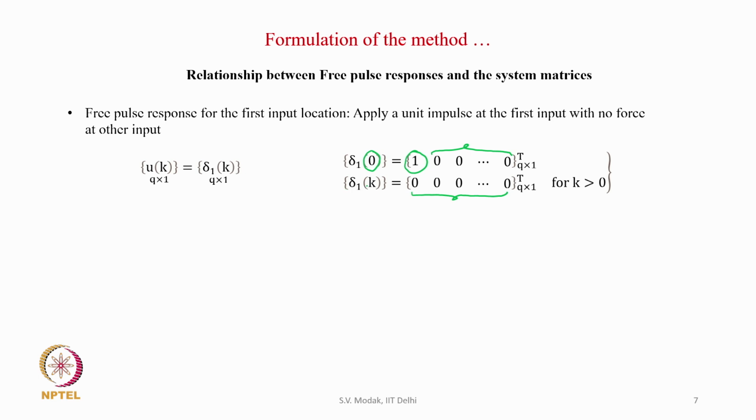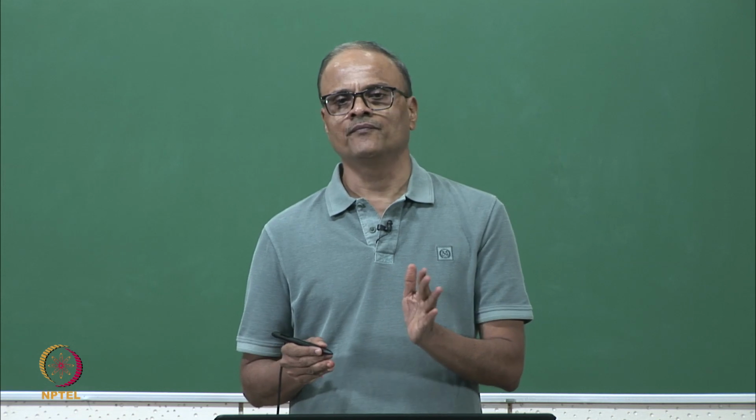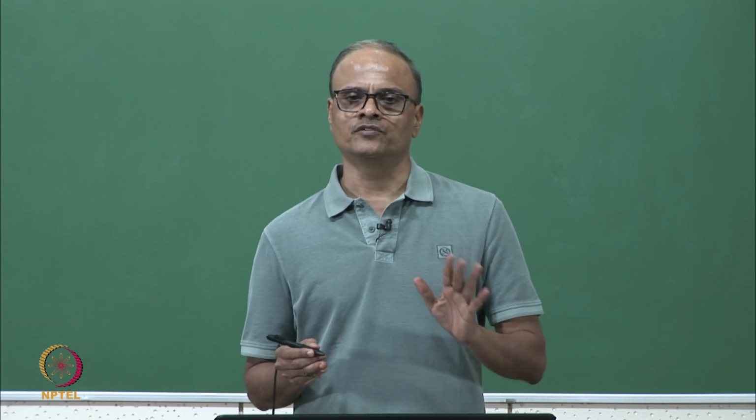So, this is the delta 1k for k more than 0, while this first one is for k equal to 0. So, at the initial instant, we have a unit impulse applied at the first degree of freedom with no input at other degrees of freedom, and then for all the future times, that is k more than 0, there is no input at any of the degrees of freedom.